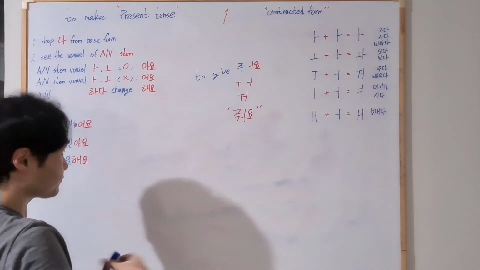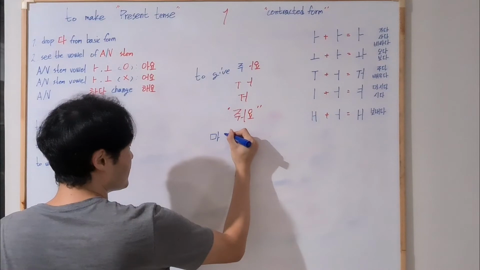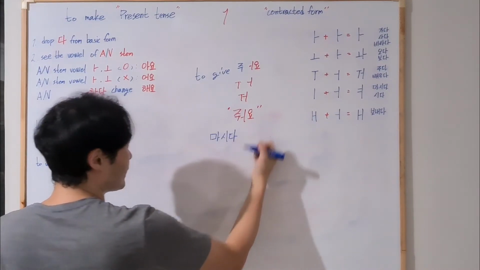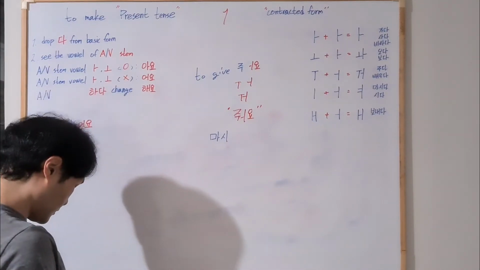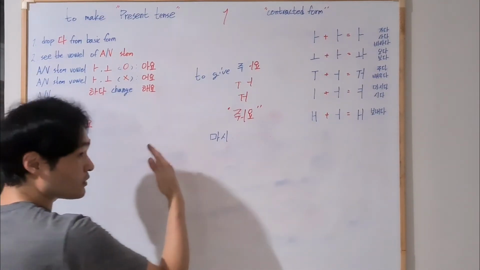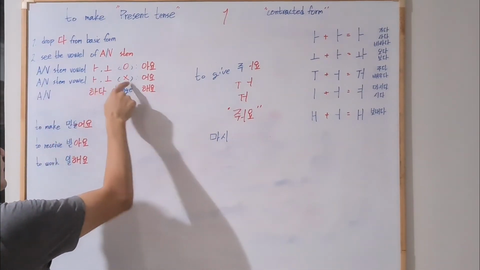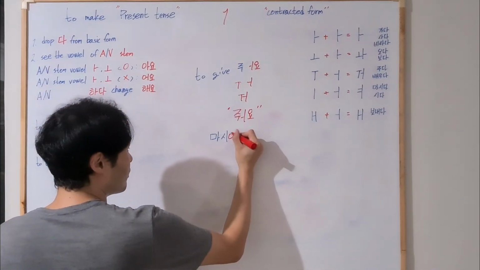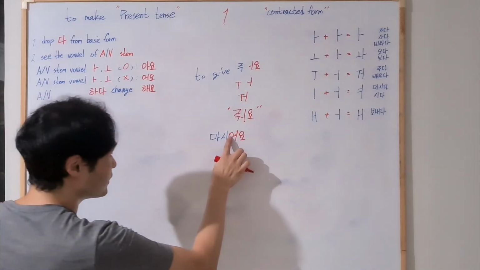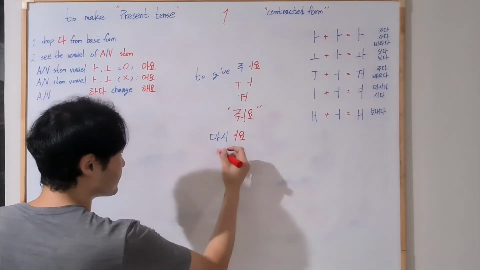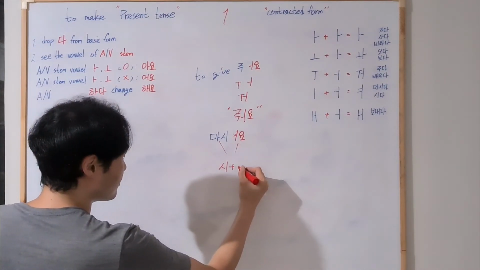마시다, to drink. Rule number one, drop the 다. And the vowel. Not this one, always the last vowel, the last syllable. The vowel is 이. It's not 아 or 오, so 어요. The 이응 has no sound. 시, 어.